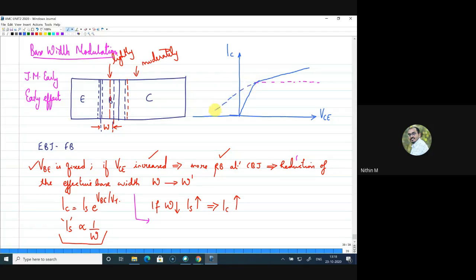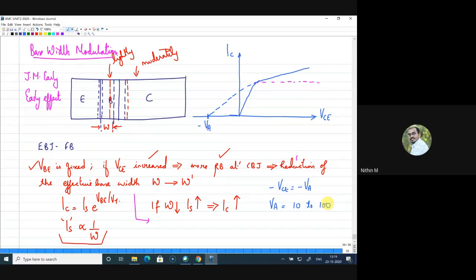If I extrapolate this graph, it will meet the x-axis at some point, and we call this VA. At that point VCE is equal to minus VA. So VA is a positive number, and typically this value ranges from 10 to 100.